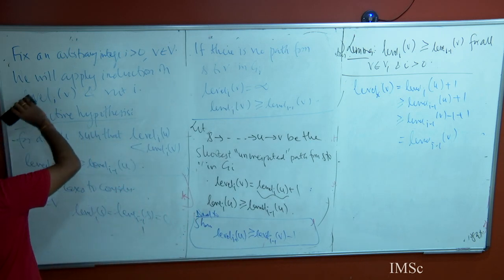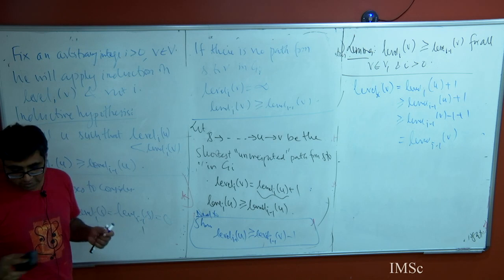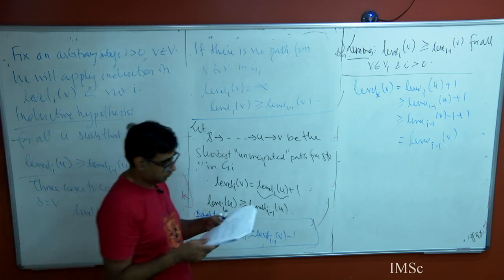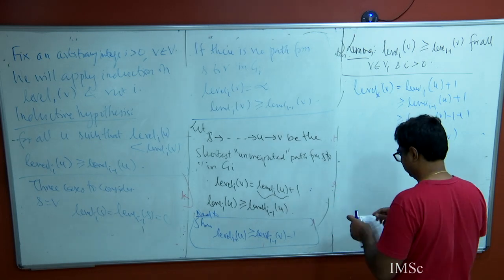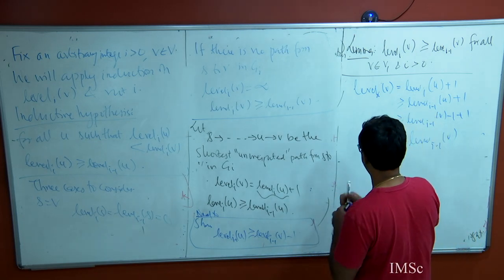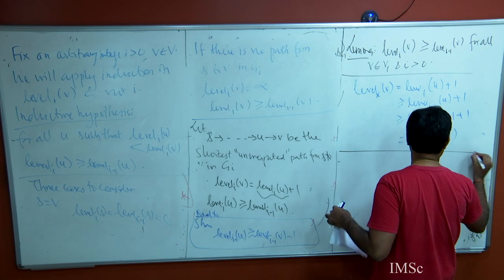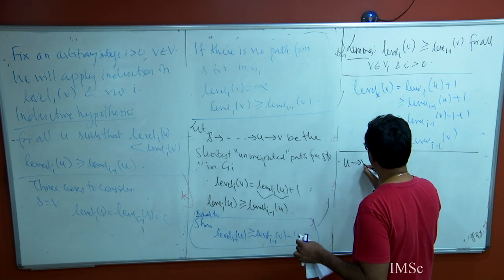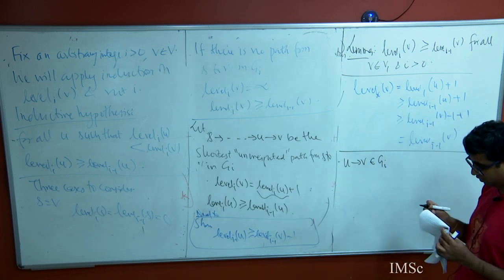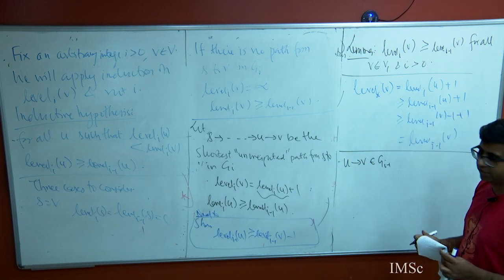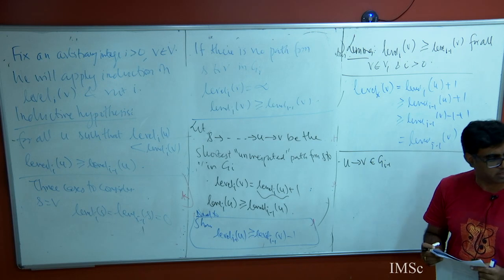Okay, so let's try to prove that. Suppose UV is present in G_{i-1}. If edge UV is present in G_{i-1}, what is the meaning of this?